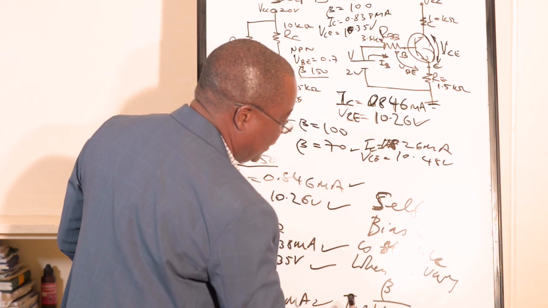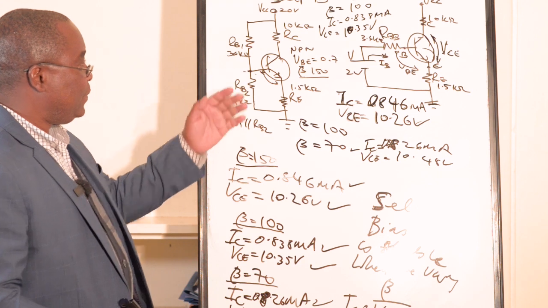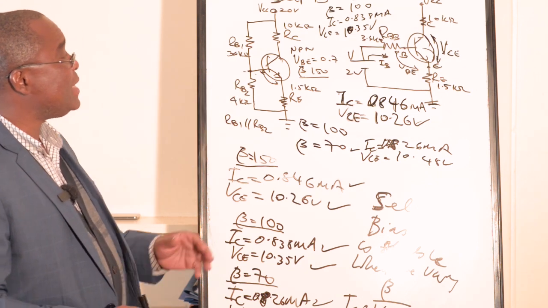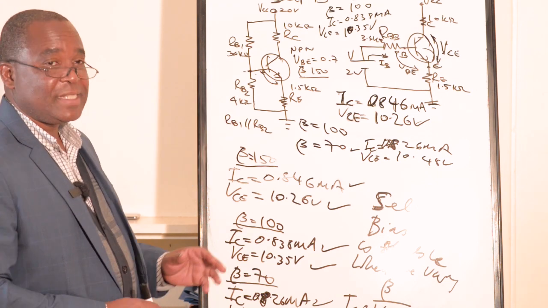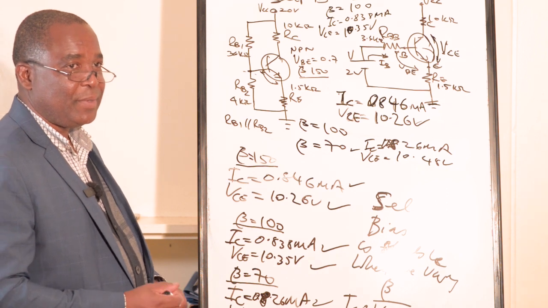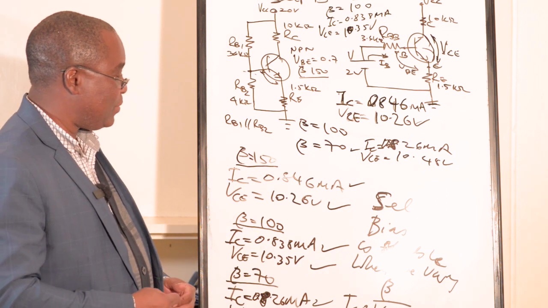This is our conclusion. At voltage divider bias, the circuit is much stable compared to the variation of beta.